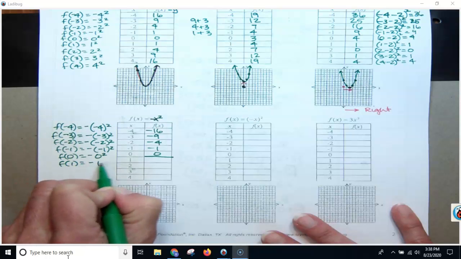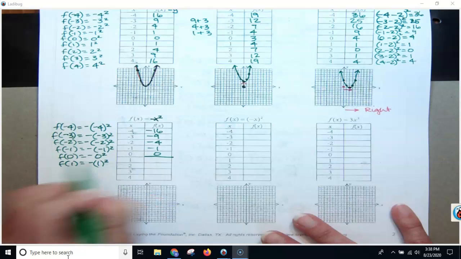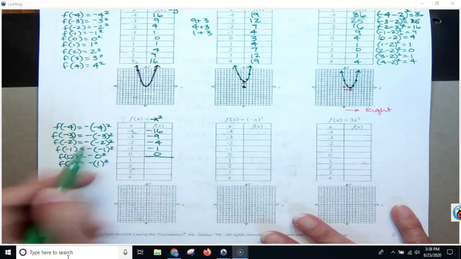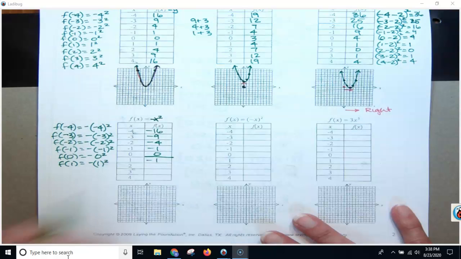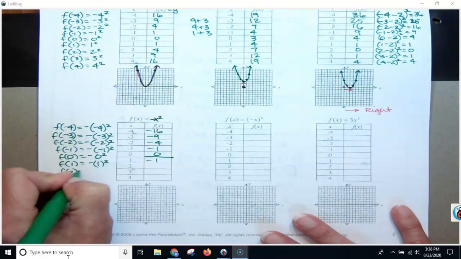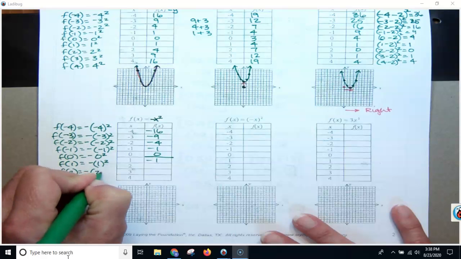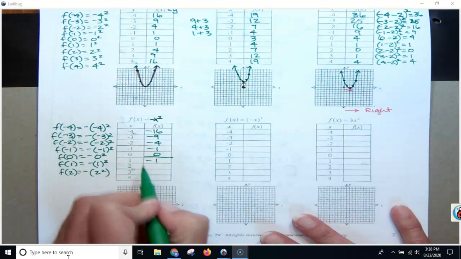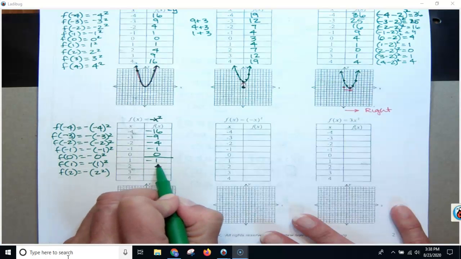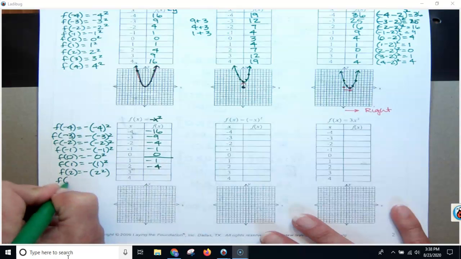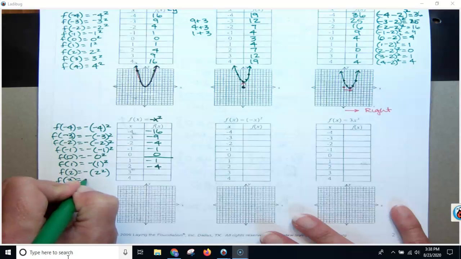Now, what happens when we get to positive numbers? This is going to be f of 1 squared. Now, keep in mind, you're squaring first. The negative comes after, so this is still going to be negative 1. This is f of 2, and if it makes you feel better, you can put that 2 in the parentheses. You're squaring the 2 first, getting 4, and then this negative comes after. The negative portion of this is not getting squared.